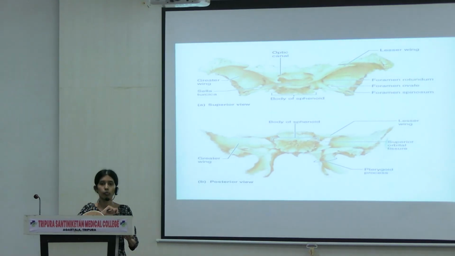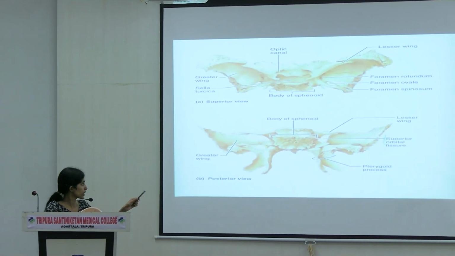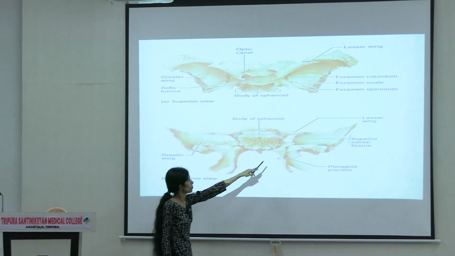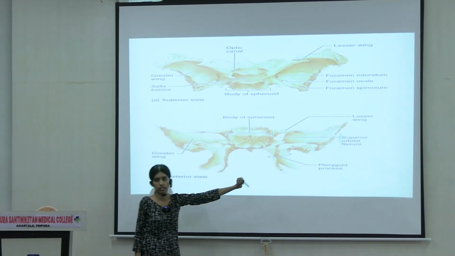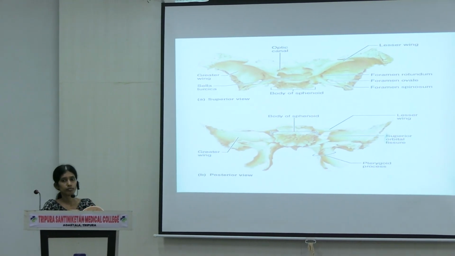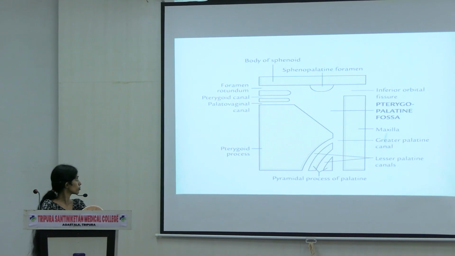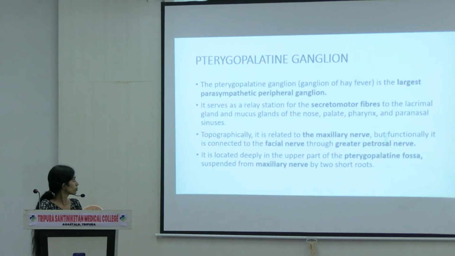It will ultimately open into your superior orbital fissure part. And beneath that is the area of your Pterygopalatine fossa. This is the schematic representation of your Pterygopalatine fossa. Once I discuss in detail, I will explain this one.